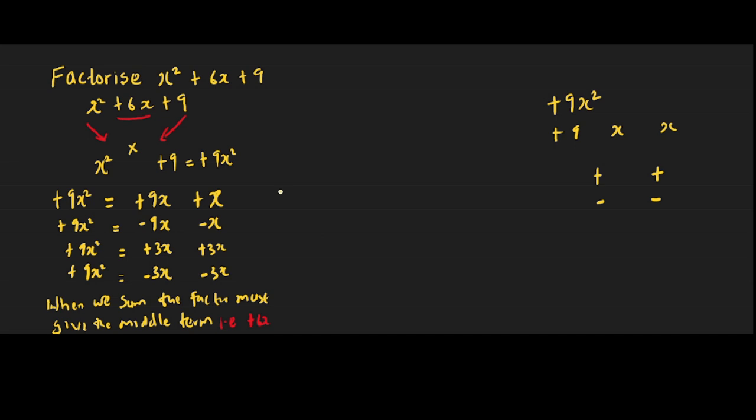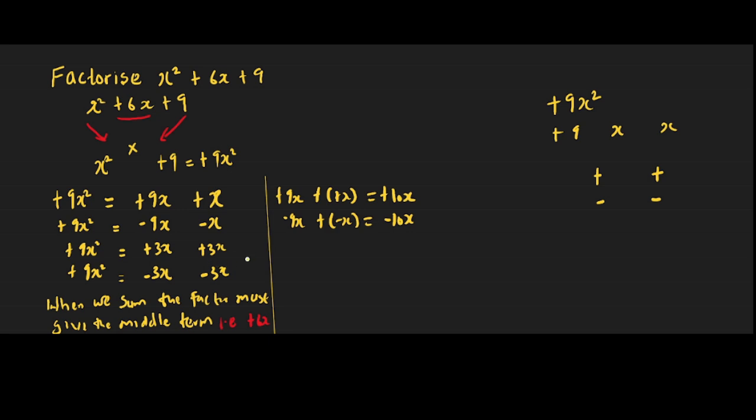Here we see that if we have plus 9x plus x, this is going to give us plus 10x. If we have minus 9x plus minus x, this is going to give us minus 10x.